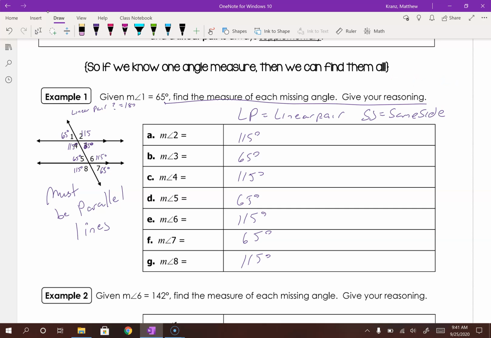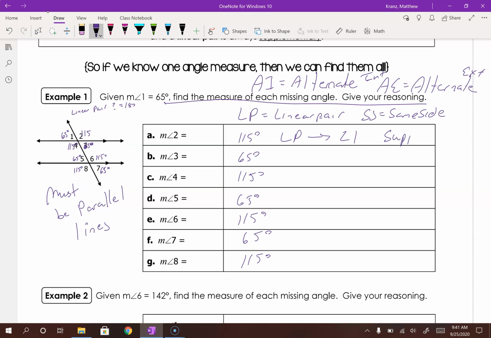Consecutive interior, same side, excuse me. Alternate interior. And alternate exterior. Interior, exterior. All right?